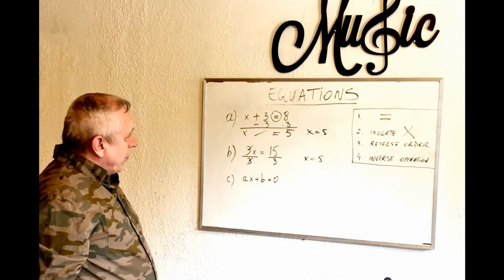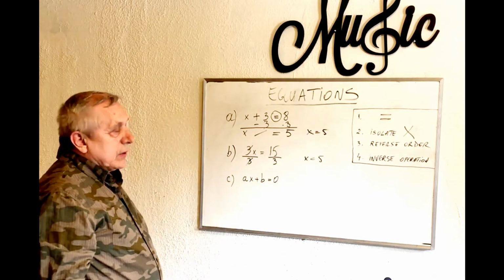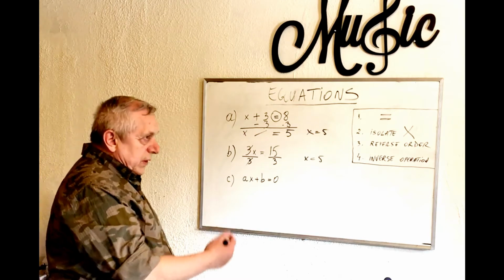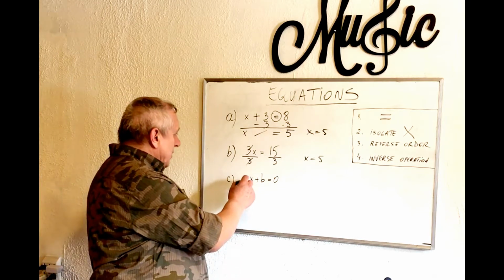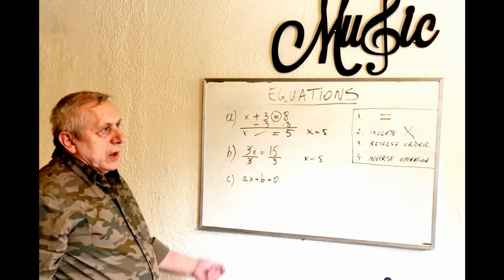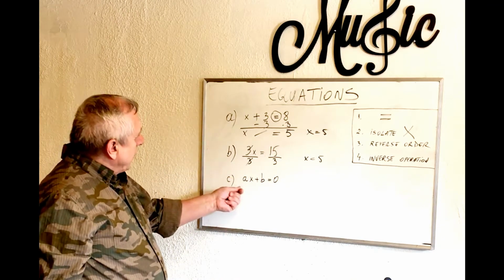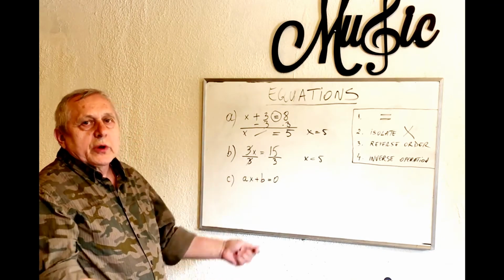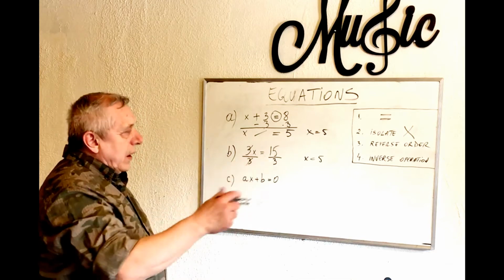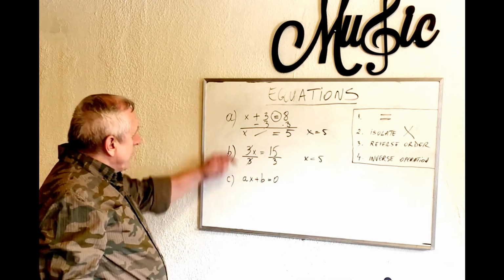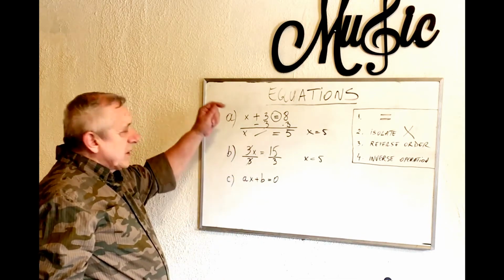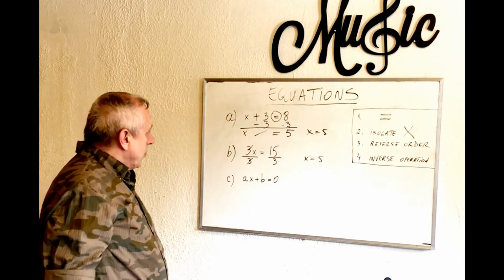That's the general format of a linear equation. It's called linear because x is to the power of 1. If we have x to the power of 2, for instance, that will be a quadratic equation. And there are other types of equations, but we are talking about the first level here, linear equations.